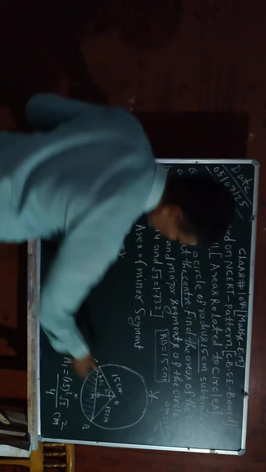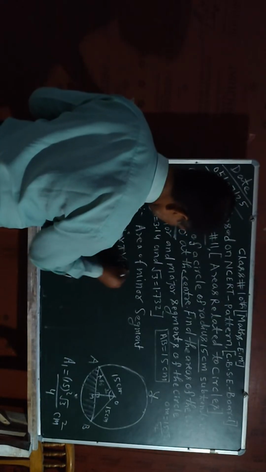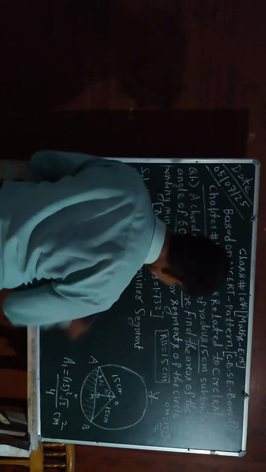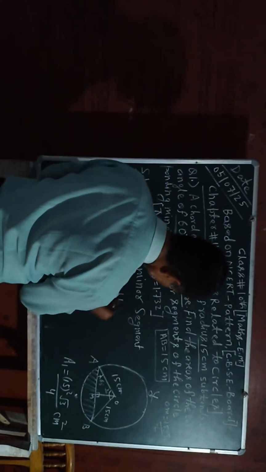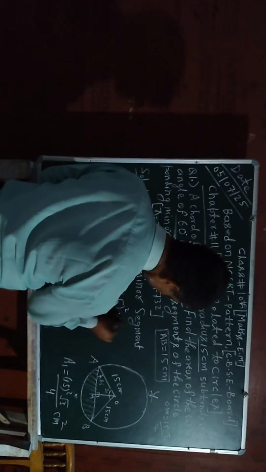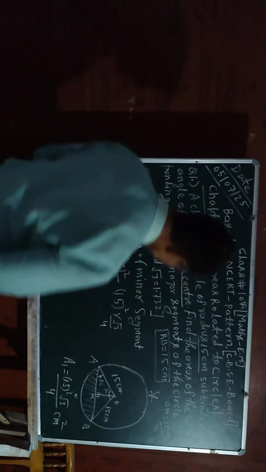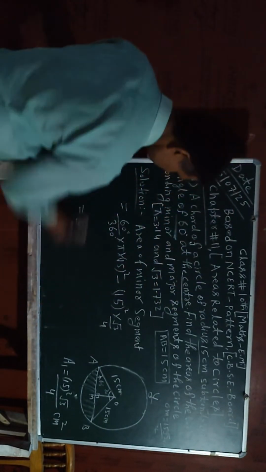The value of r is given here, 50 centimeter, so I will put 50 centimeter square, minus area A1. The value here I will write: 15 centimeter whole square into root 3 divided by 4. Now further I will simplify it.